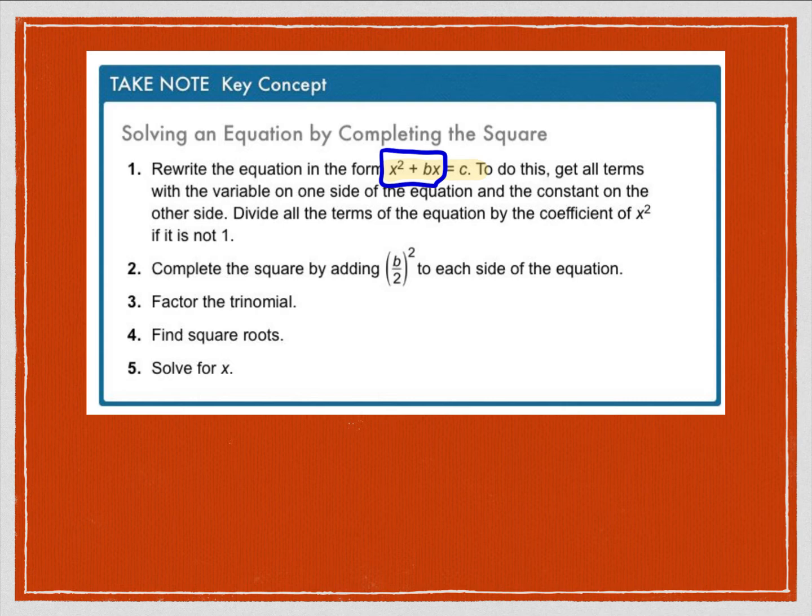Then we complete the square by adding our little formula, b over 2 squared, to each side of the equation. You have to do it on both sides because you have to keep your equation balanced. Then we factor, our favorite thing to do, and then we take the square root. This is just each step in words, but it'll make more sense when we do it in examples. We have 4 examples of doing these.